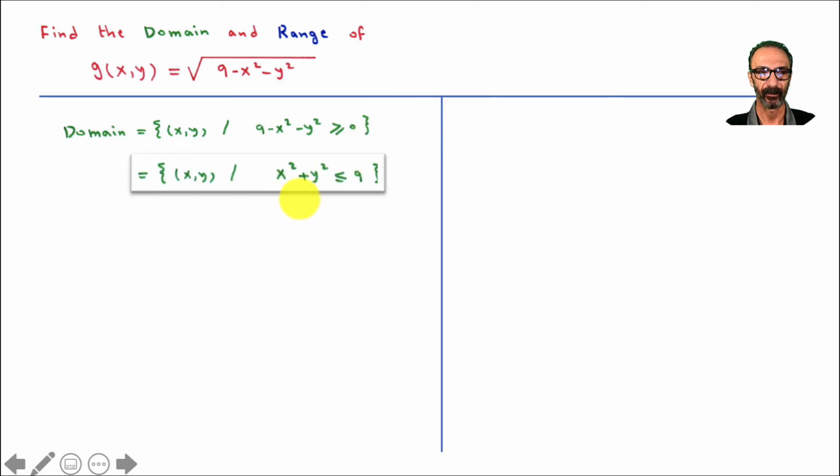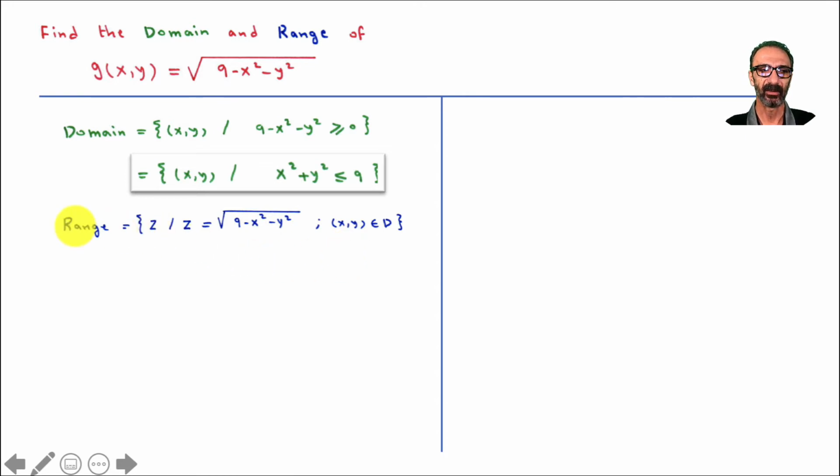That means if you move this side, that's going to be x squared plus y squared less than or equal to 9, reading it the other way around. And the range is just the outputs z, the square root of 9 minus x squared minus y squared.